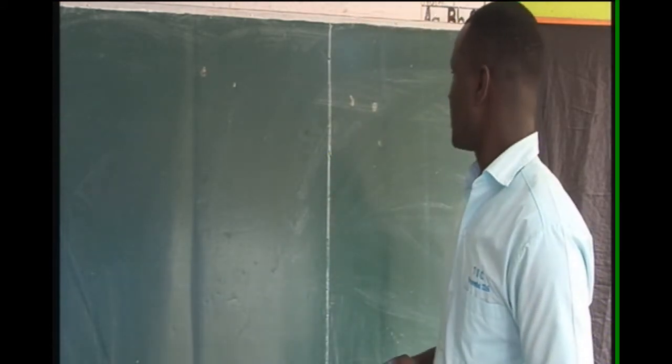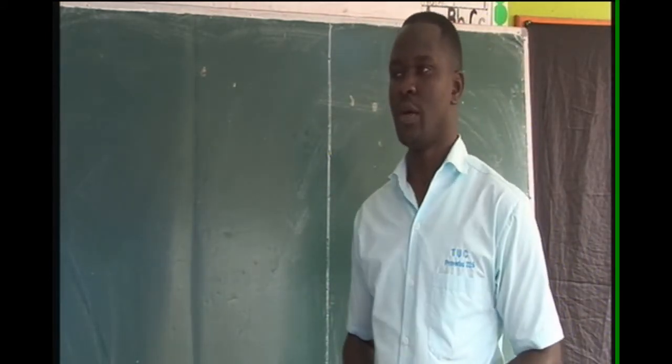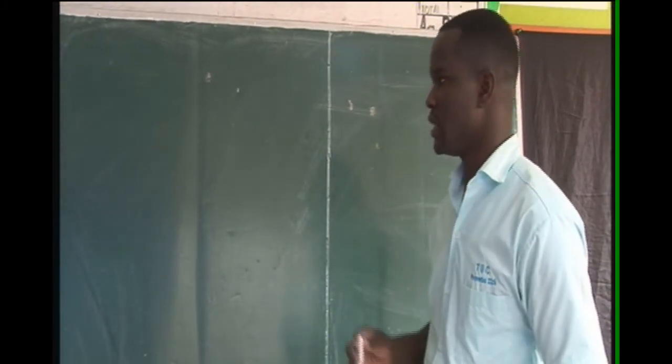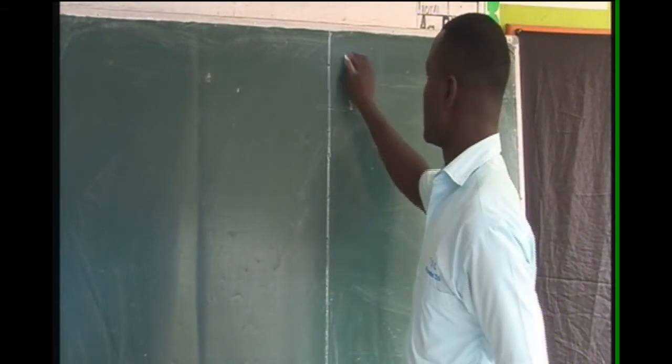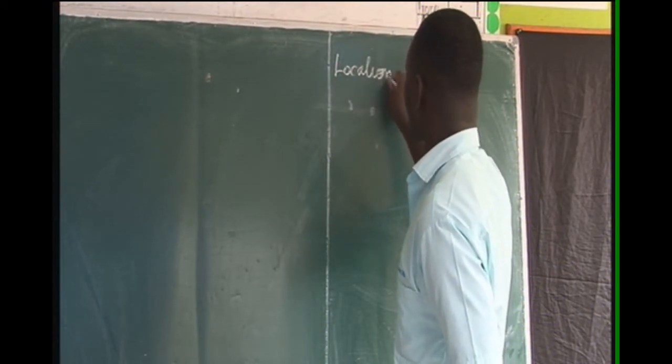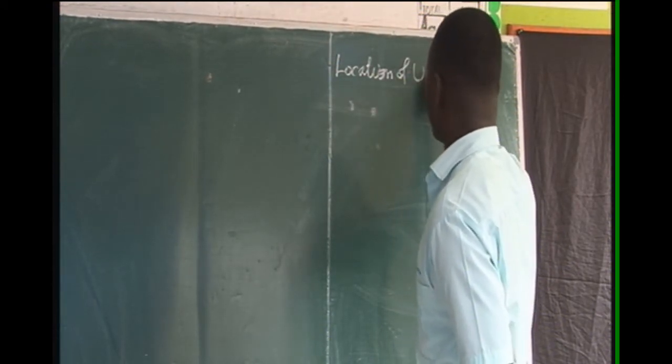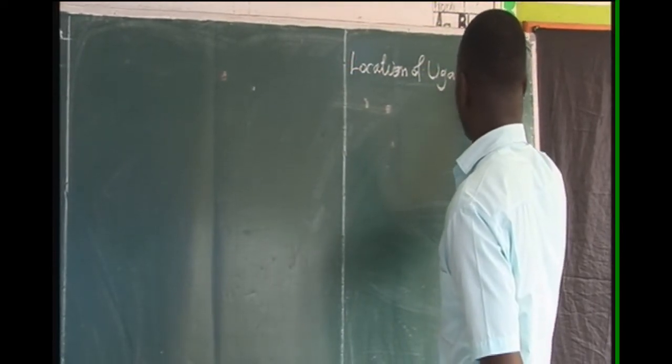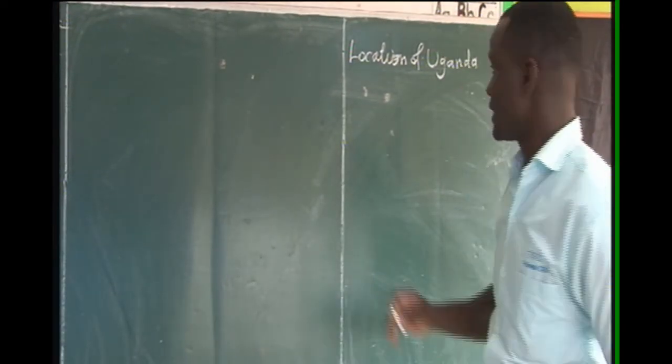In the 5 topics that you have in term 1, today we are beginning with the first topic, which is the location. We're supposed to cover location of Uganda, that is from the map of East Africa.